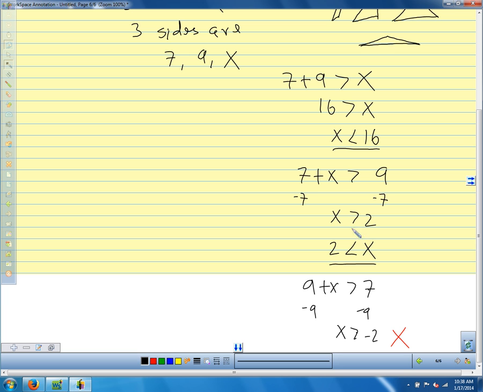So what this tells me from these two is that x, the side, can be between 2 and 16. And the way we write that in symbols, I just put these two inequalities together. 2 less than x less than 16.